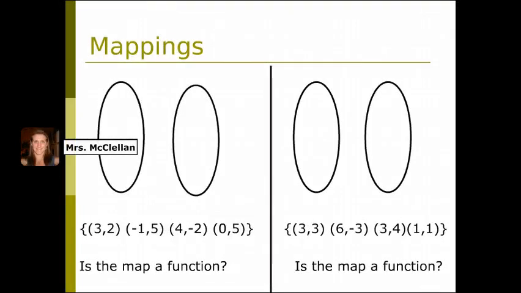Okay, so now we've got two more examples of mapping diagrams. Again, we have to organize our mapping diagrams in order from least to greatest, and we can't write any of our values more than one time. In our first example, the order should be -1, 0, 3, and 4.